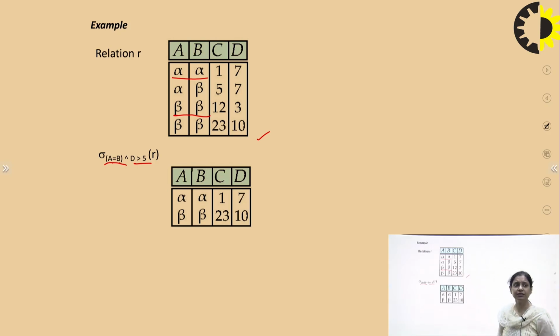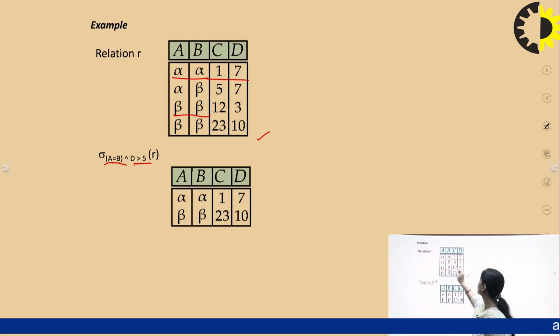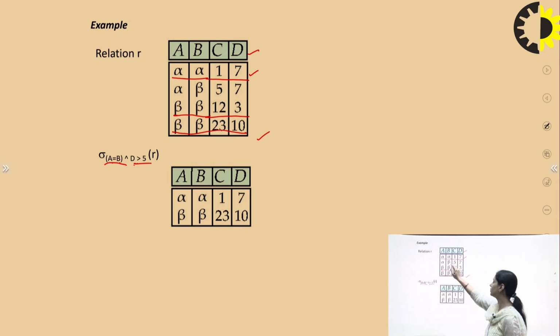Now the next condition that we need to check is D greater than 5. We'll be checking only in these records because we have already identified them from the first condition. So if we check over here, this is D. D is greater than 5, 7 is greater than 5, true. Oh, sorry, we have this record as well for A equal to B. So we have 3 records: alpha alpha, beta beta, beta beta.